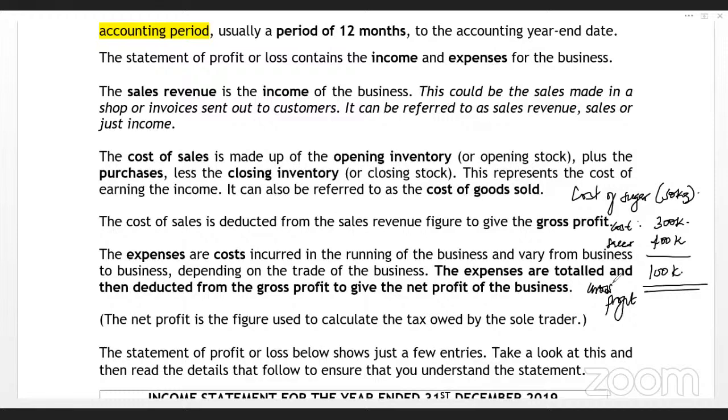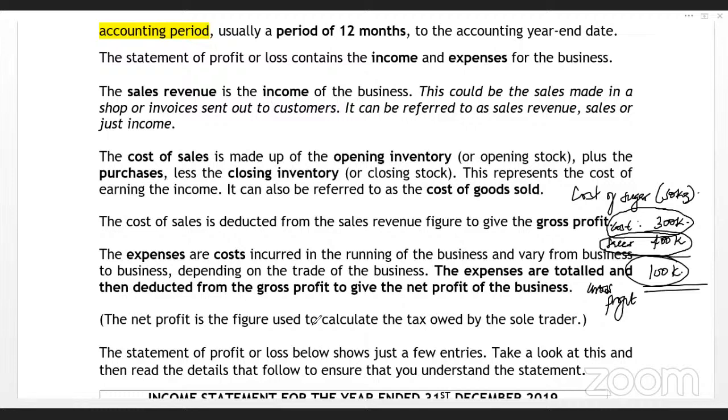Why? Because here I'm just looking at the cost of the sugar, which is 300,000, then I minus it from the sales we have made from the sale of that sugar, which is 400,000. So we have made a profit of 100,000 just on trading.